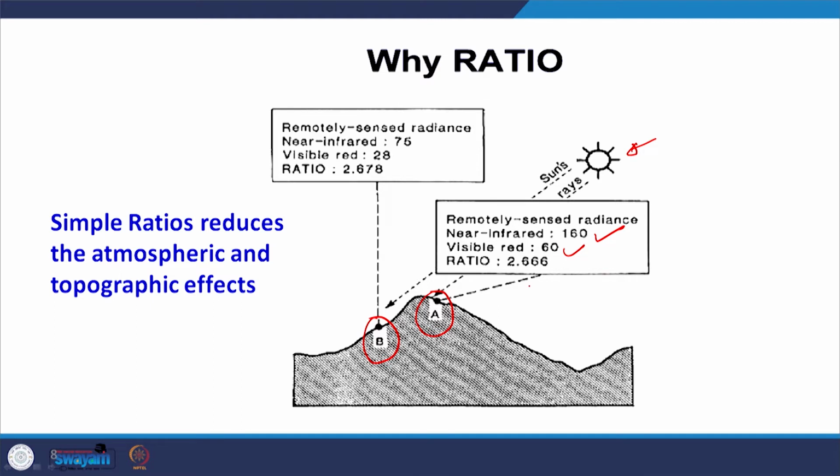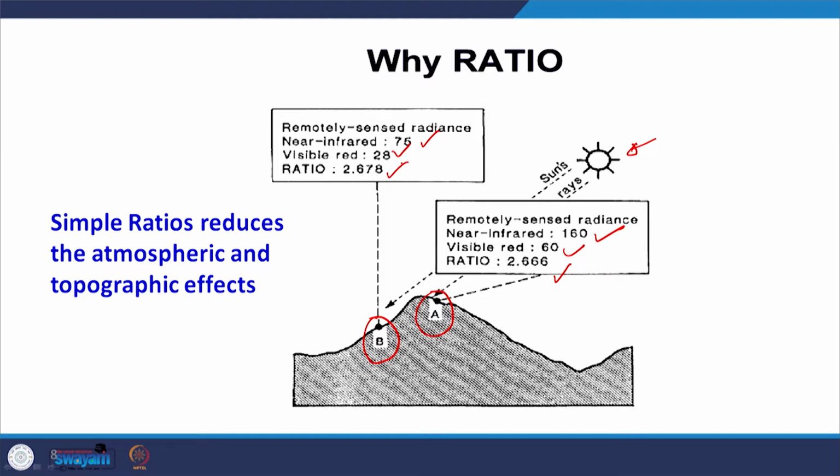Take the ratio of the two: 160 divided by 60 gives 2.666. Now let us take pixel B, which is in the shadow. Since this is a dark pixel, in the near infrared band I get the lower value 75, and in the visible range I get the lower value 28, as compared to pixel A. If I divide them, I get 2.678.